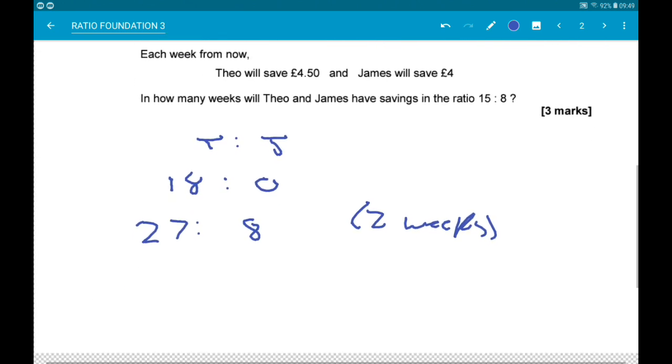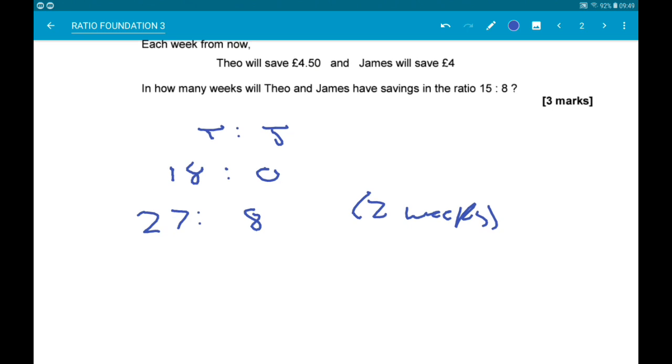Add on another 2 weeks, we're going to have 36 to 16. Now that does cancel down. There's a common factor of 4. So this goes down to 9 to 4.